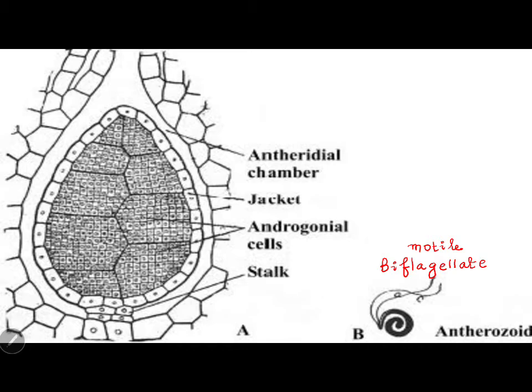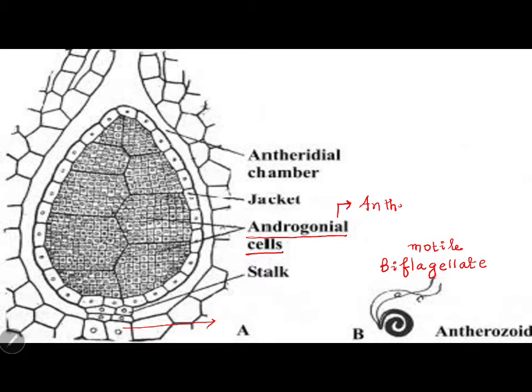Now, what is the structure of Antheridium? You can see this is the stalk by means of which it is attached to the Antheridiophore. The point of attachment is the stalk. Then you have many androgonial cells. Androgonial cells will give rise to antherozoites.